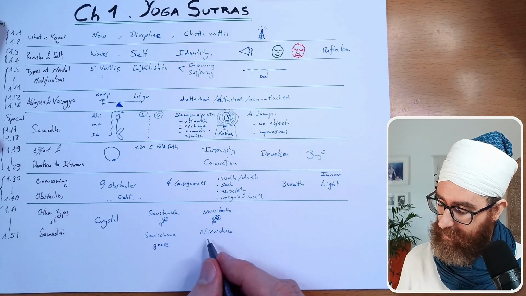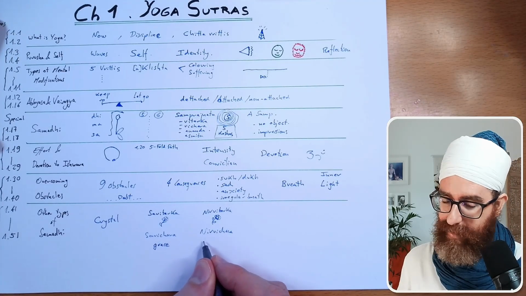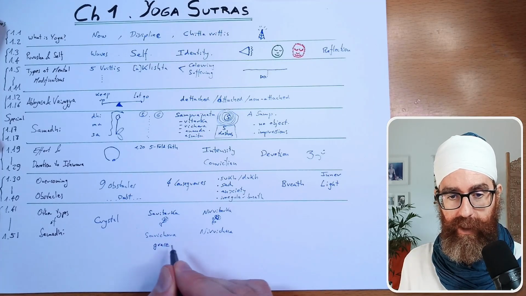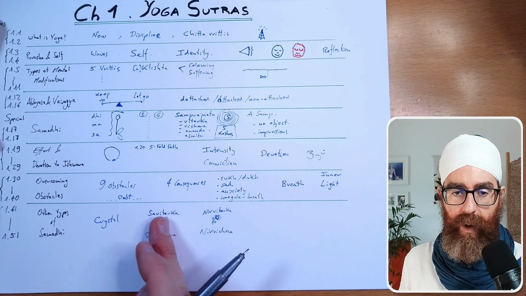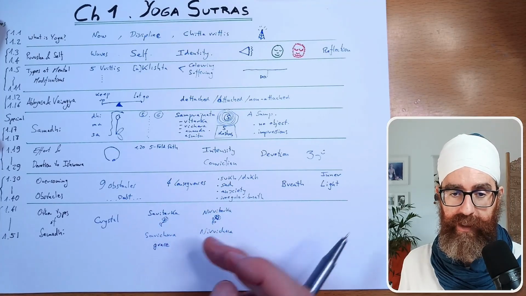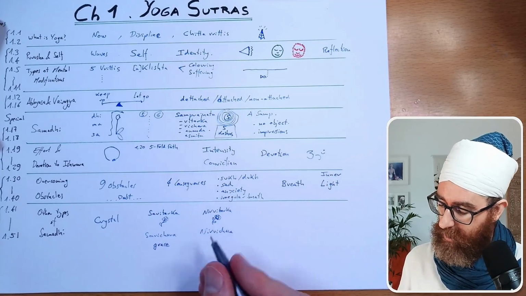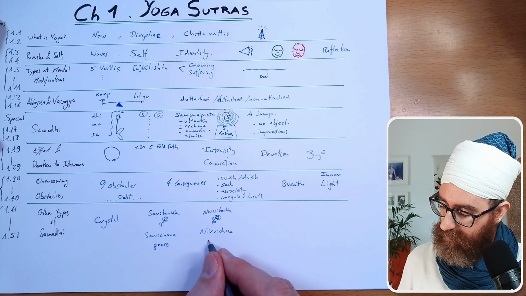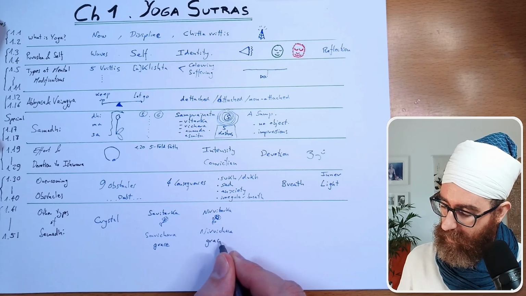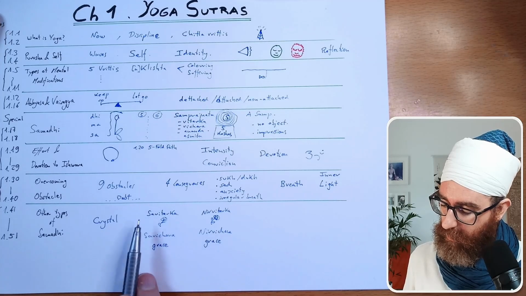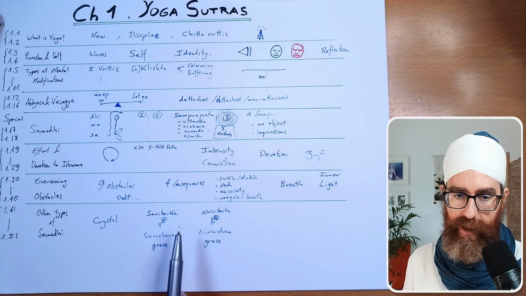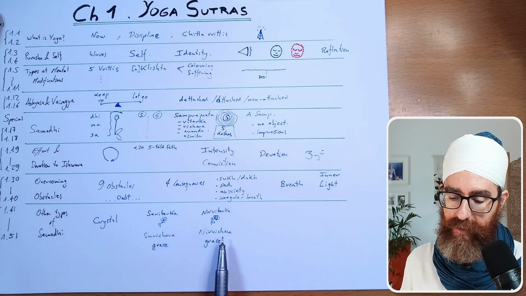And maybe as I am purifying this, this is with mental movement, this is without mental movement, this is gross, this is subtle. So as we go even more subtle, you can be in grace with no movement of the mind. And so we are moving like this. Savitarka, nirvitarka, savichara, nirvichara.